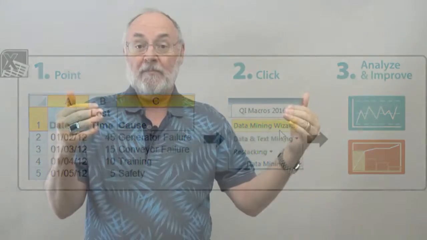I could take pivot tables and turn that into something like a control chart or Pareto chart. But that used to take me hours, sometimes days, to crunch through, depending on how big the data table was. With the data mining wizard, I just pick a couple of headings, click a button, and get an entire improvement project ready for analysis, just like that.